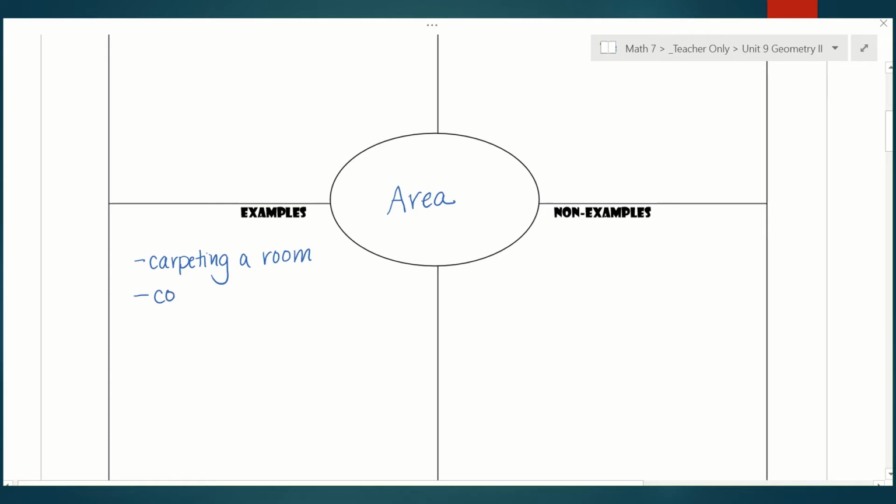So I'm going to put that here, covering a pool. Another thing you might try and cover is maybe if you were planting grass seed on the lawn, you would be talking about area because you're covering the lawn in seed. Okay, so that's the biggest thing to know is that it's covering a two-dimensional shape. So it doesn't have any height to it.